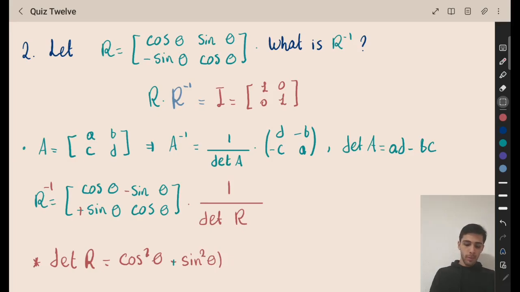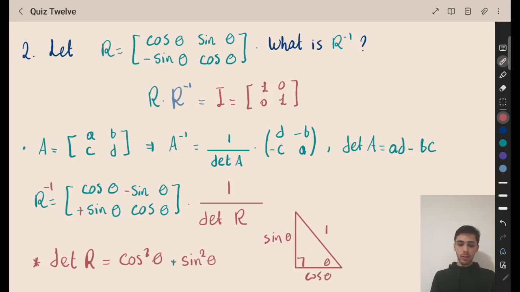Now, final question. What is cosine squared of theta plus sine squared of theta? Does this look familiar? Hopefully it does. This is just the Pythagorean identity, where you have an angle theta, a triangle with hypotenuse 1, then this is sine of theta, and this is cosine of theta.